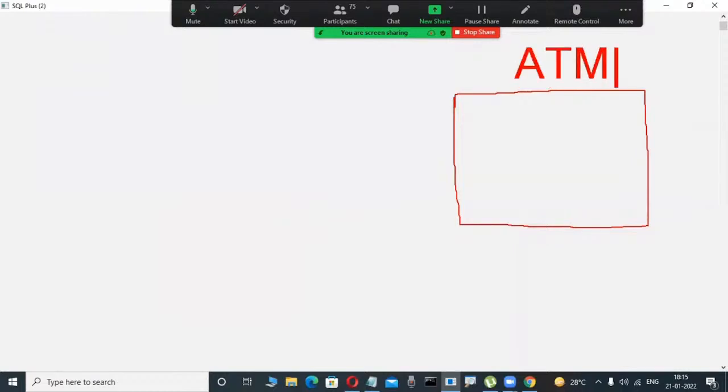Now check out the scenario. Slowly observe it here. This is an ATM machine, for example. One scenario I'm telling. Now what is my balance in my account? 3000 is the balance. Maybe my balance is 3000, for example.